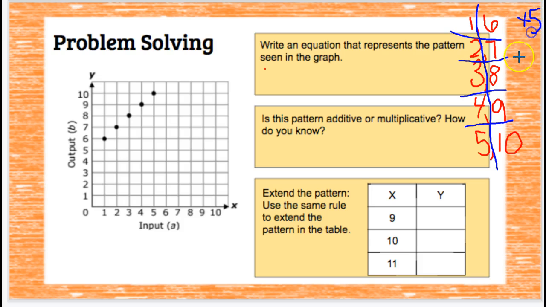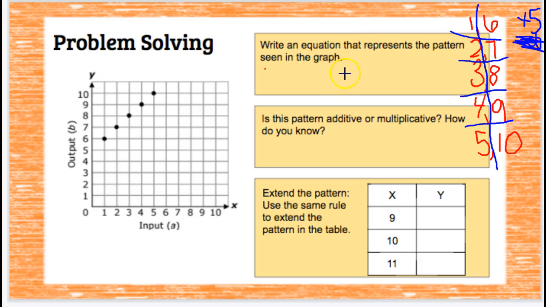So I'm adding 5, or it could be 1 to 6, I could times 6. Okay, so let's look at the next one. 2 to 7. 2 plus 5 is 7. 2 times 6 is not 7. So I know it must, let's check, make sure it has to be plus 5. 3 plus 5 is 8. 4 plus 5 is 9. 5 plus 5 is 10.